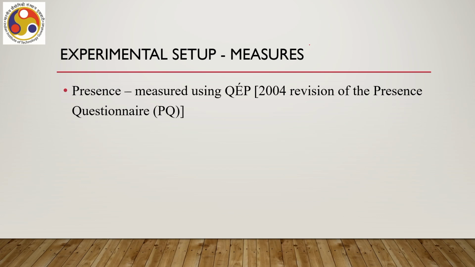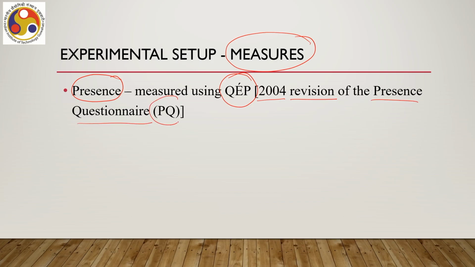Then, in order to measure usability aspects, we used standard questionnaires for measure of presence, that is the psychological state of mind. We used the QEP questionnaire, a revision, which came out in 2004, of the presence questionnaire or PQ.